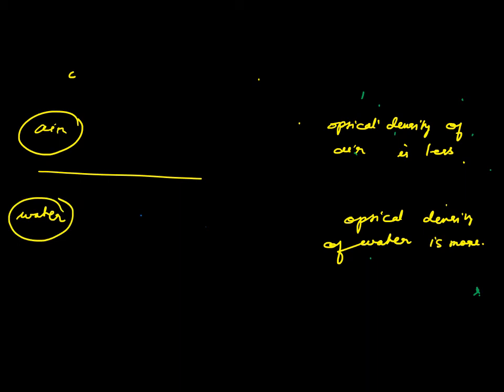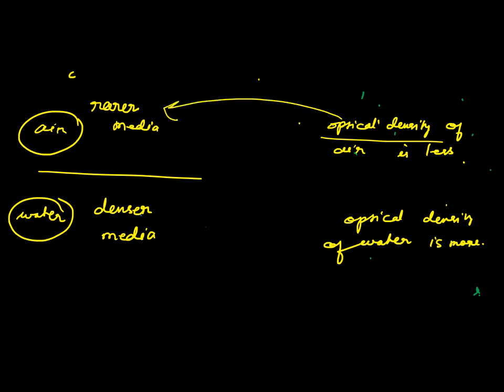Hence, we can label air as a rarer media and water as a denser media. So we have a pair of media where the one with lesser optical density is labeled the rarer media, and the one with higher optical density is labeled the denser media.